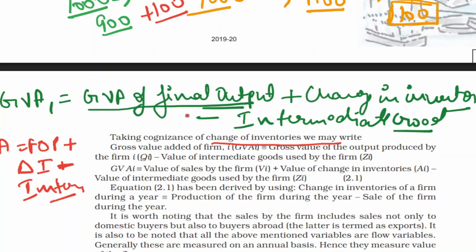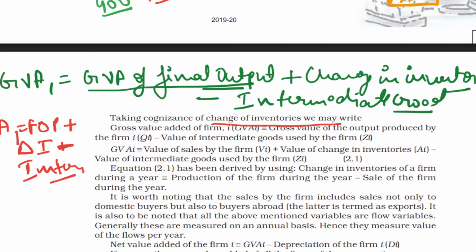We calculate this for all the firms, GVA1, GVA2, GVA3, as many firms as we have in our economy, and then we club them together and get the gross value added, which is equal to your GDP. Now your GVA, in summation for all firms, is equal to GDP.